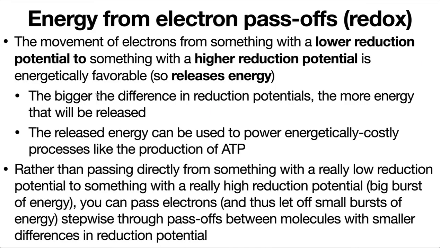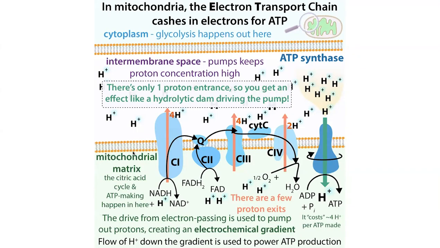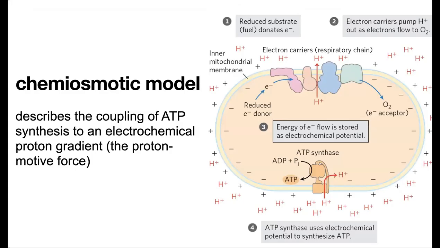By passing electrons from something with a lower standard reduction potential to something with a higher standard reduction potential, we're releasing energy. That energy is used to power the pumping of protons. The protons are pumped into the inner membrane space. This creates an electrochemical gradient. The power of this electrochemical gradient is used to power the synthesis of ATP through a process that we'll talk about in the next lesson.